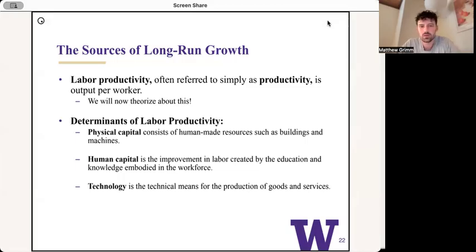So the sources of long run growth: one is labor productivity. That's referred to simply as productivity, the output per worker. We're going to talk a lot about this. Let's start by looking at why this is important. Let's go back to the theme of this class, which I always go back to, the pizza kitchen. If I hire one worker for my pizza kitchen, however, I do not have a pizza oven.